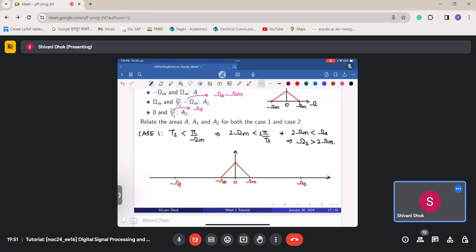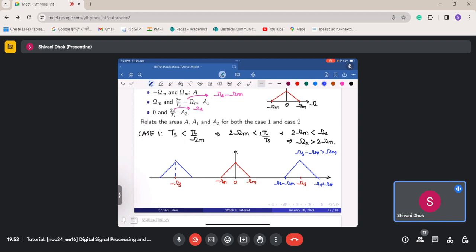So if omega s is greater than 2 times omega m, then omega s minus omega m is greater than omega m. So this is omega s minus omega m, and this is omega s plus omega m. Then I'll have a replica like this, and again I'll have a replica like this.